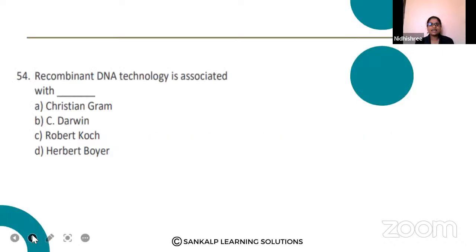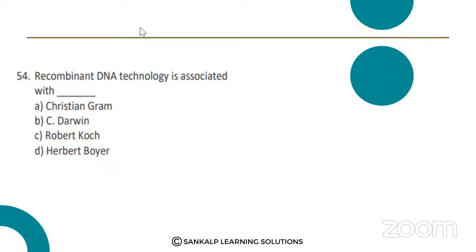Next, rDNA technology is associated with which scientist? Christian Graham, C. Darwin, Robert Koch, Herbert Boyer. Okay, Lohit answered in the chat box. What about others? Sagar also voted. Option D, ma'am. Deepthi M, option D. Suha, yes.